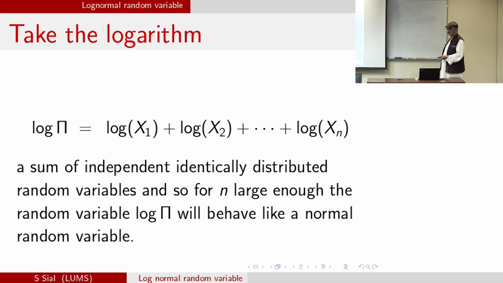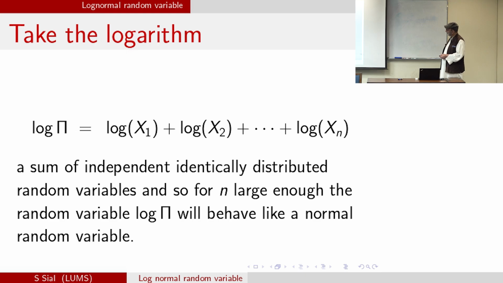It's a random variable. And if all of these xi are essentially the same random variable, then each of these log of xi's are essentially the same random variable, whatever the PMF or the PDF is for log of xi.